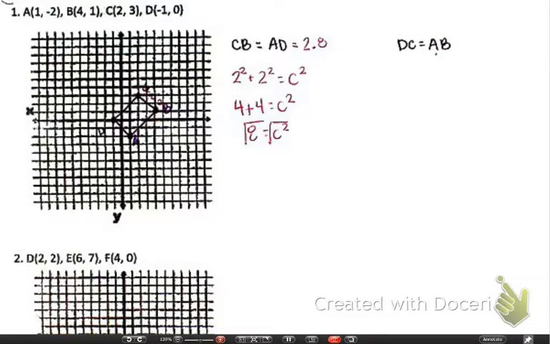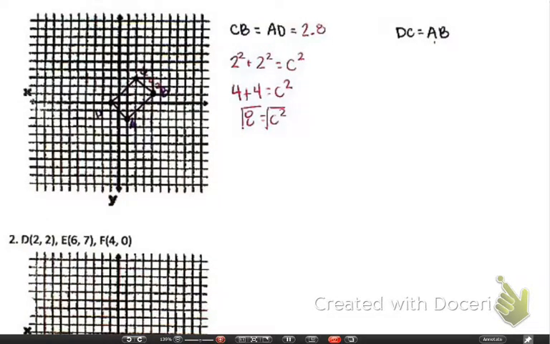So AB and then DC. Okay, someone from the first 4 groups, what was your answer for AB rounded to the nearest tenth? Haley? 4.2. Did we all get that?